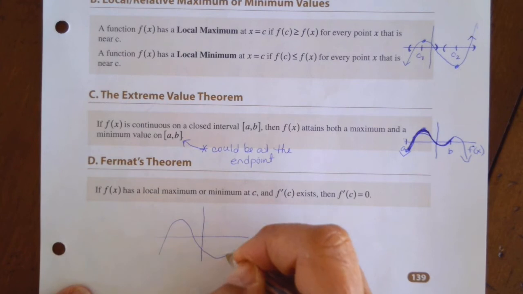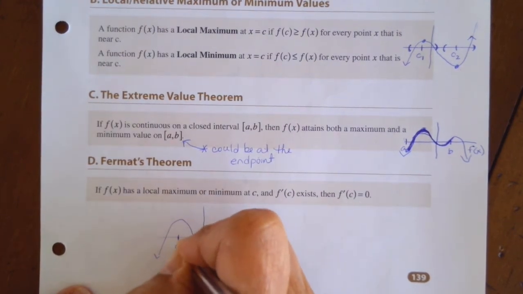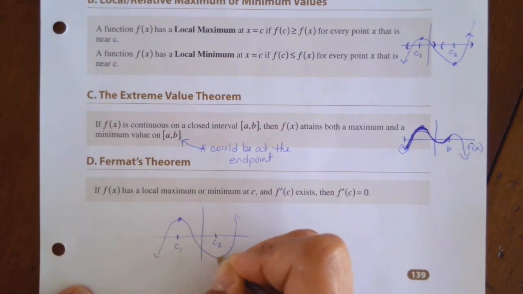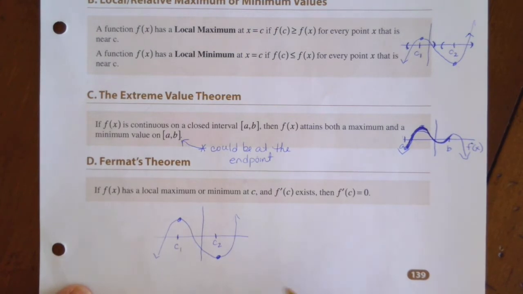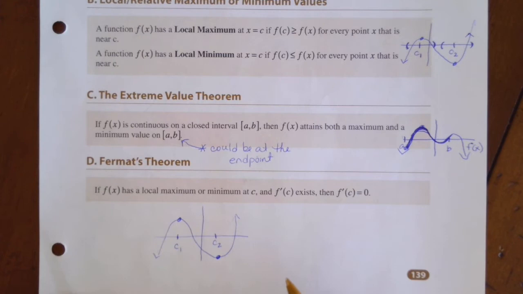So let's call this c1, there's a max, and let's call that c2, there's a min. These are not absolute, these are relative max or mins, but they're max and mins, local, so they don't have to be absolute. So we know we have a max here.